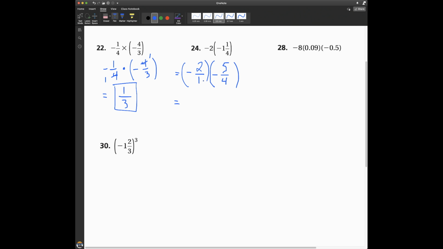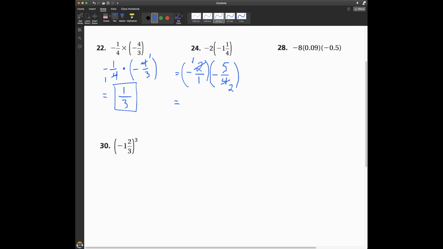Next, I look to see if I can cancel. And I can with the 2 and the 4. They cancel. 2 divided by 2 is 1. 4 divided by 2 is 2. So there we go. Make sure you cancel correctly so that way you get the right answer.